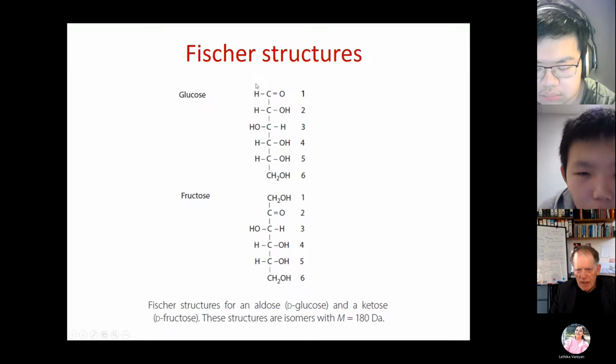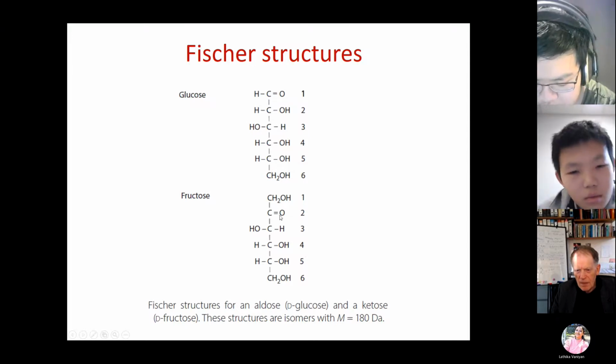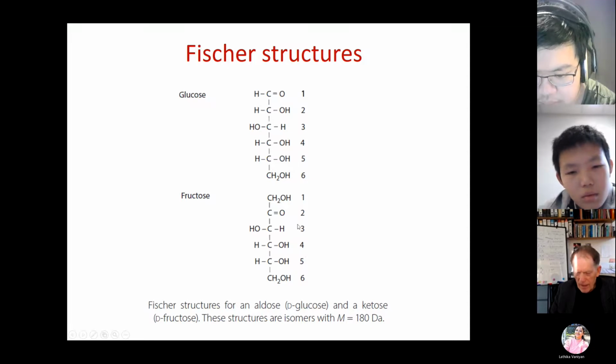Glucose is an aldose, because of this group here, and fructose is a ketose because of this group here.